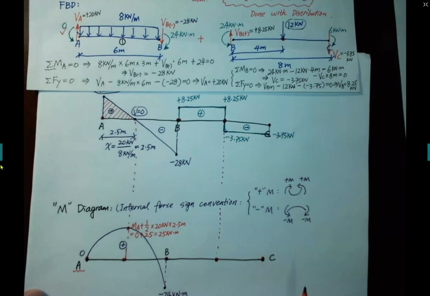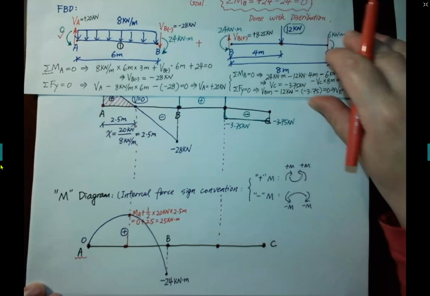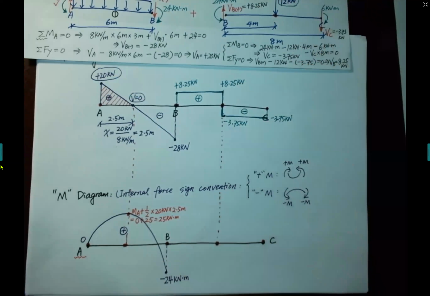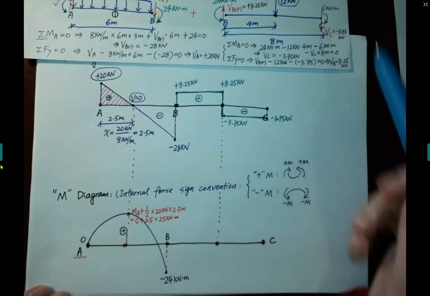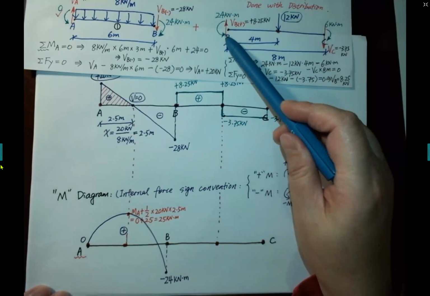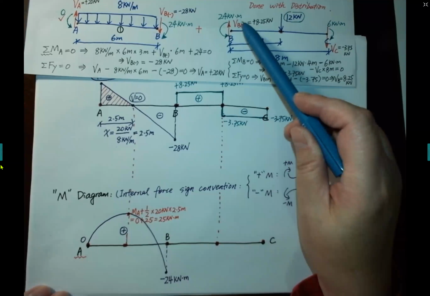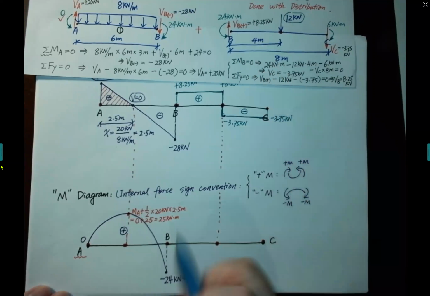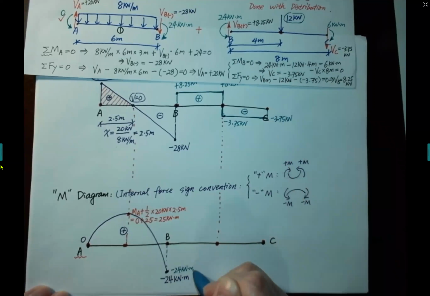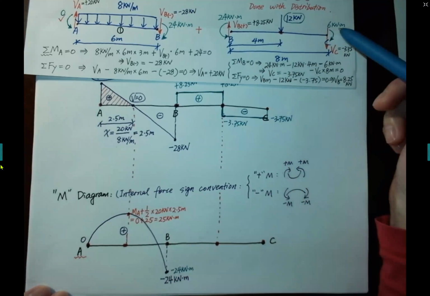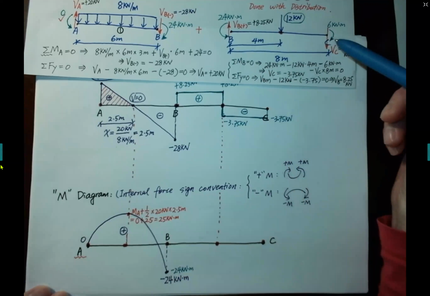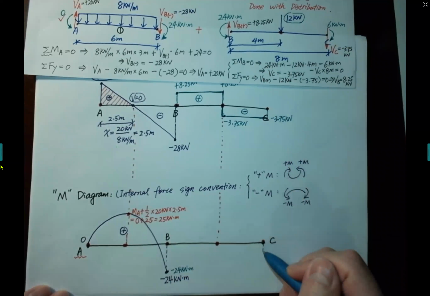No other key points. According to the free body diagram, we already know the moment at the B end is 24, top in tension. So at this point it's negative 24 kilonewton meter. On the C side, it equals 6 kilonewton meter, and based on the direction it is also top in tension, so it should be negative 6.